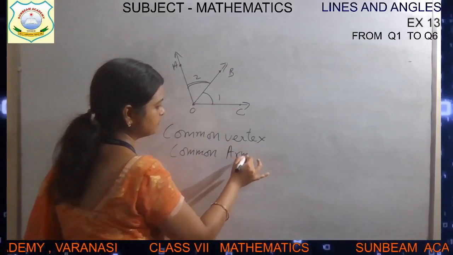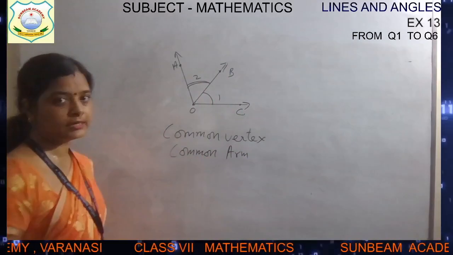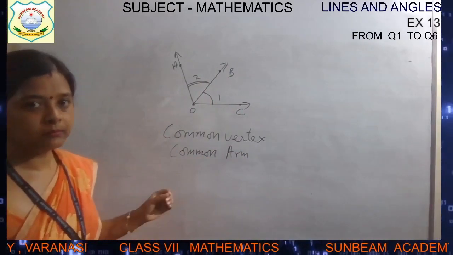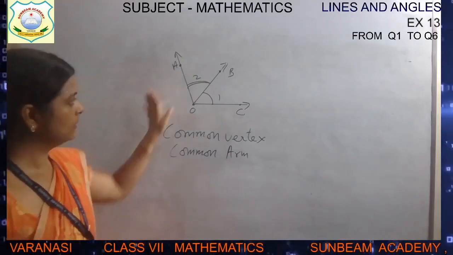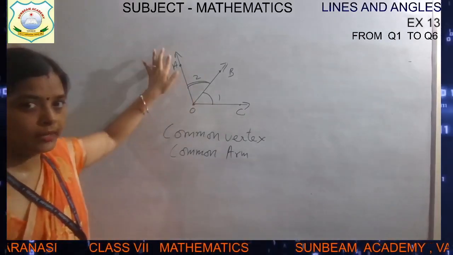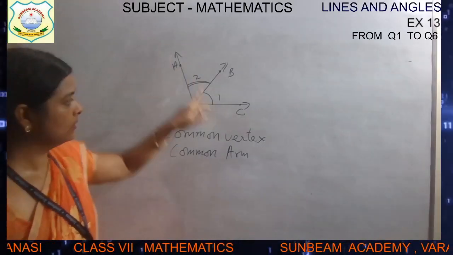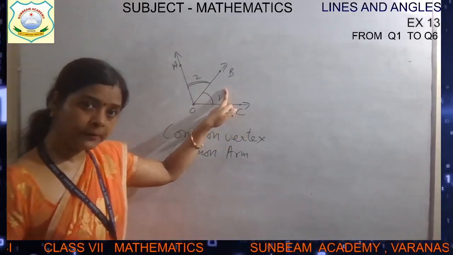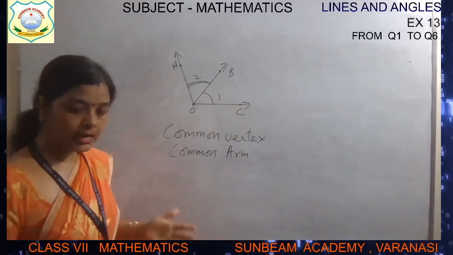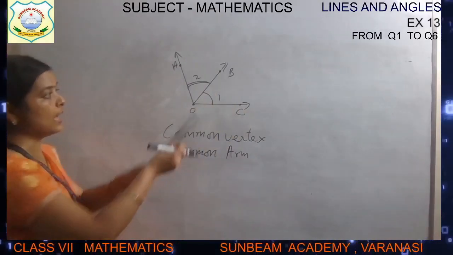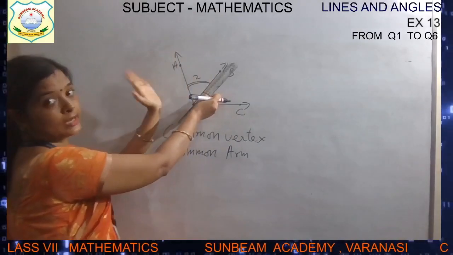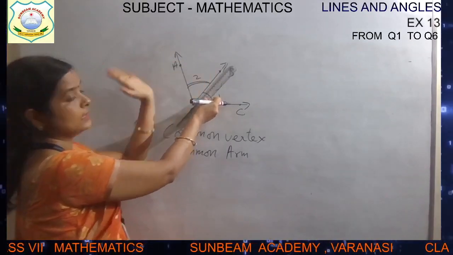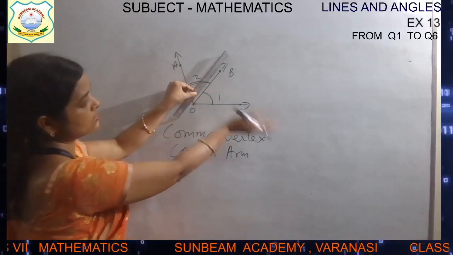So they should have a common arm. And the third point is non-common arm. जो arm common नहीं है. This is the non-common arm OA. ये सिर्फ angle 2 में है. This is the non-common arm OC. This is only in angle 1. So the non-common arms are on either side of the common arm. Common arm के एक इस तरफ है और दूसरा उस तरफ है.